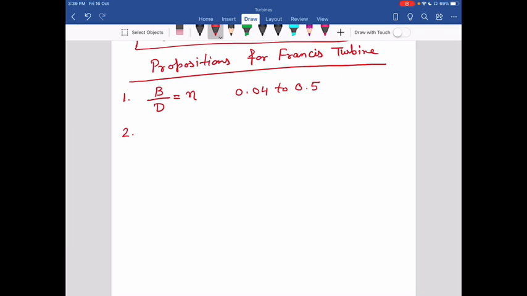The second is the ratio of tangential velocity ui to the quantity under root of 2gh. I write it as ku, and this is called the speed ratio. For Francis turbine, the value of ku lies between 0.6 and 0.88.